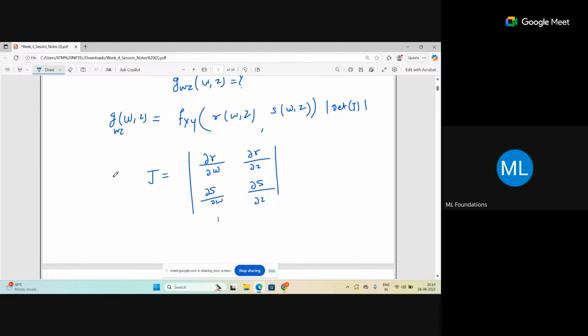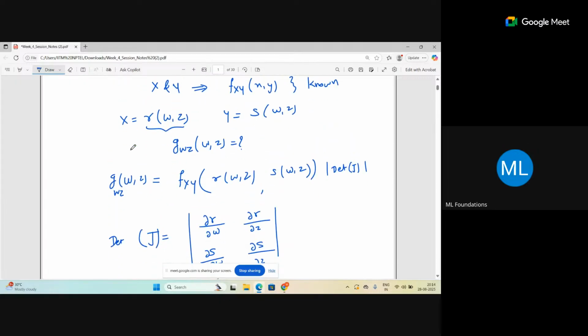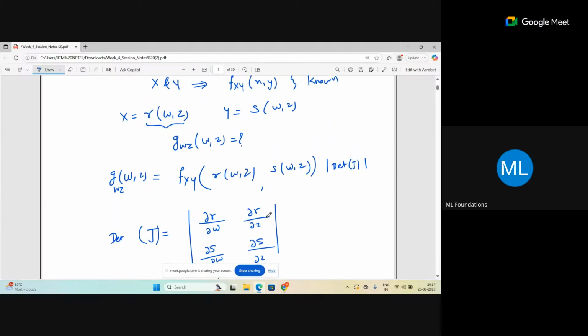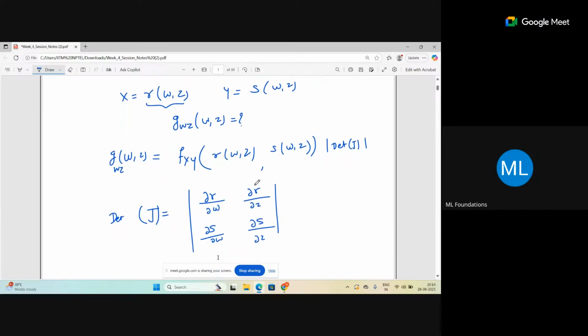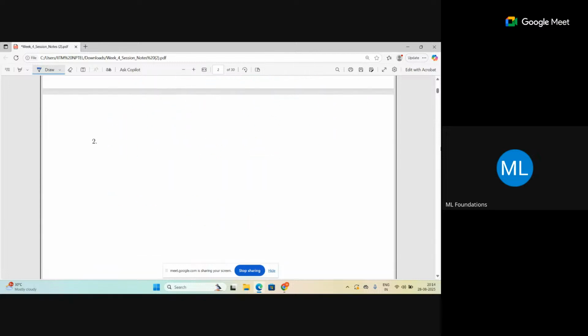So this is my determinant of J. You can also say it is del x by del w and del x by del z, or del y by del w and del y by del z. That also is fine. And we have to take the modulus of this determinant of J.